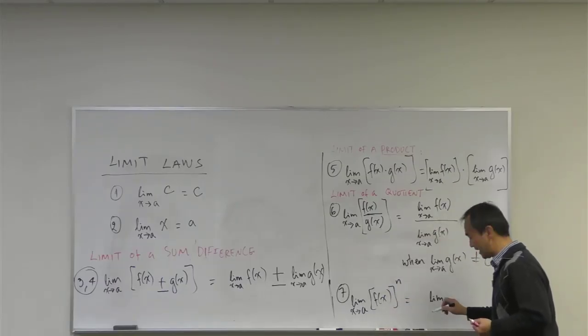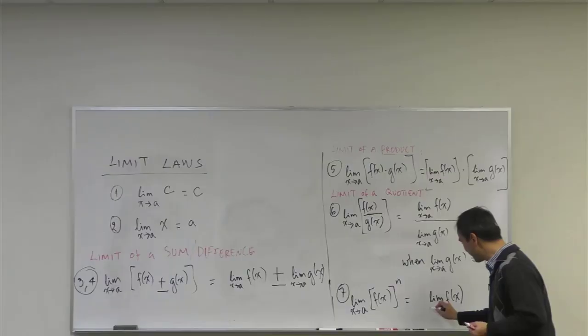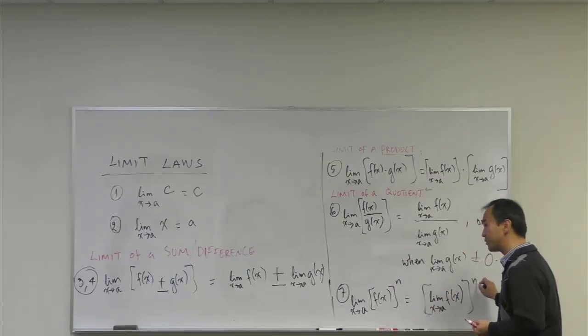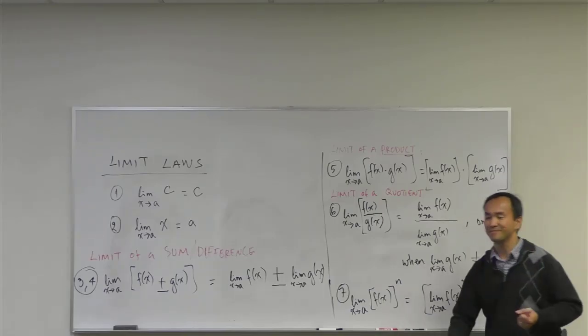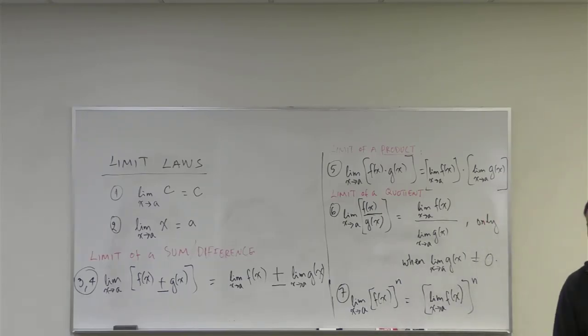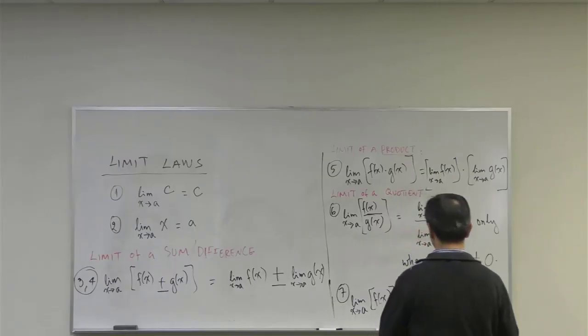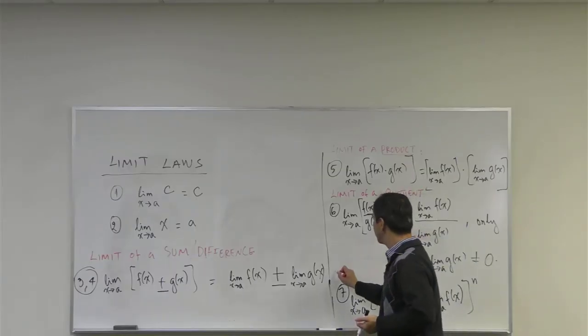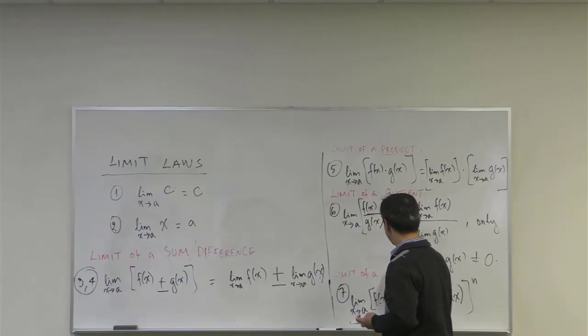It's proven that you can simply find the limit of the function before taking the power, find that individual limit, and then raise it to the n power. People refer to this as the limit of a power.